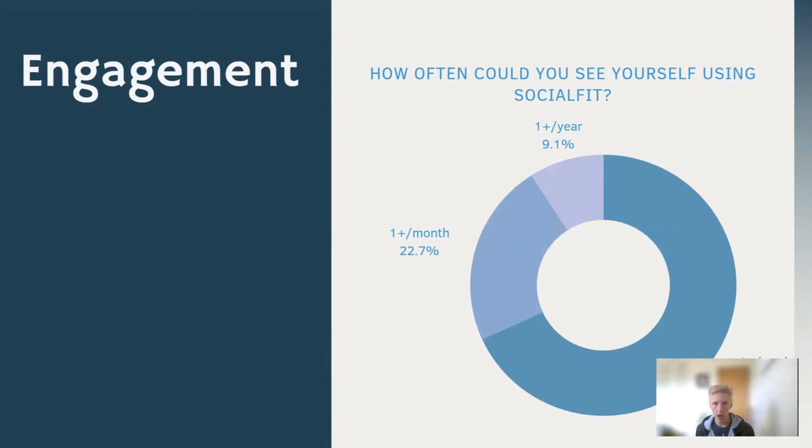And we're really pleased to see that 90% of our users would see themselves using the app one or more times a month, and some of these a couple times a week even. And this is right on track with what we thought people would be using the app for. A couple times a month would be great, and be able to keep a sustainable number of events going throughout the platform.